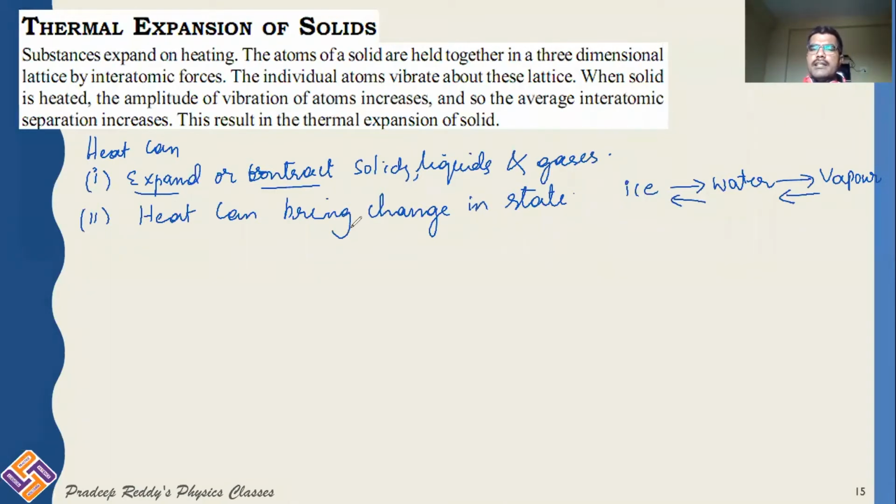So this is the other important application of heat energy. Heat can expand or contract substances, and heat can bring change in the state of the system. In this chapter, we will be learning about expansion and contraction of materials depending on the heat energy provided, and also change in the states of the system.